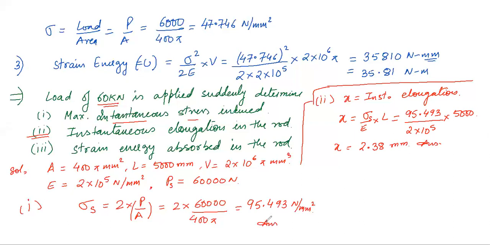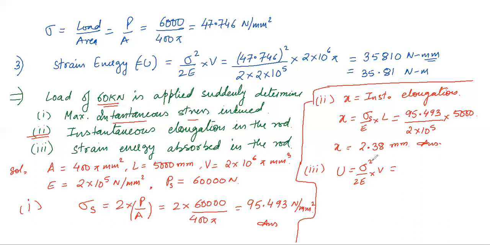That is the second part of the question. This is the first part of the question. Now let's see the third part. How much strain energy is stored in the body? We all know that the strain energy stored in the body is defined as sigma square by 2E into volume, right?